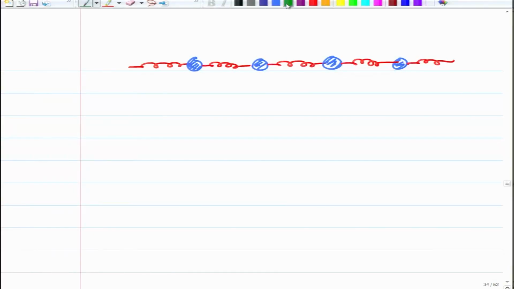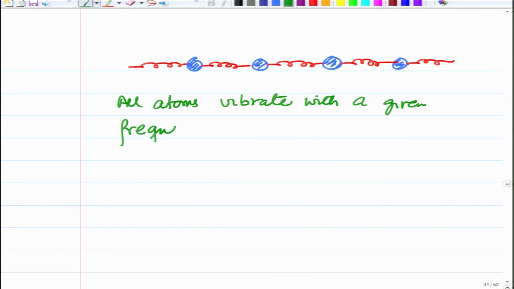All atoms are vibrating together in a pattern. All atoms vibrate with a given frequency omega in a pattern.